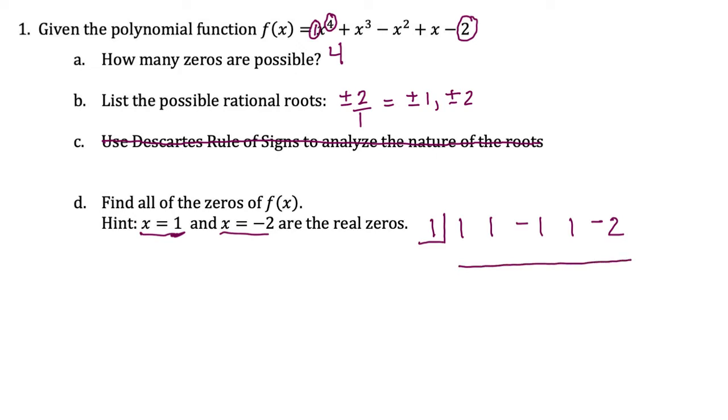So a quick reminder, you do drop down that first term. Multiply through, that's going to give you a 1. Combine, you get 2. Multiply, you get 2. Combine, you get 1. Multiply, you get 1. Combine, you get 2, 2, and then 0. And so you know this last 0 there means it's a factor because you did not get a remainder.